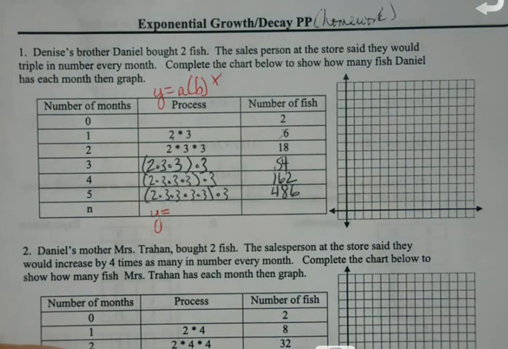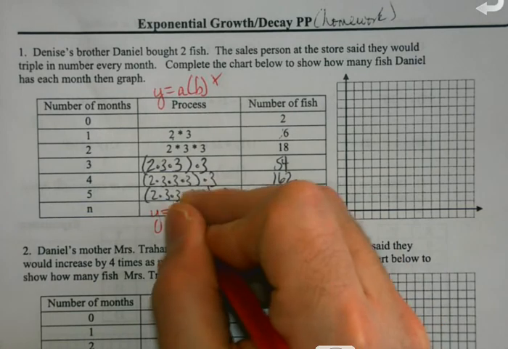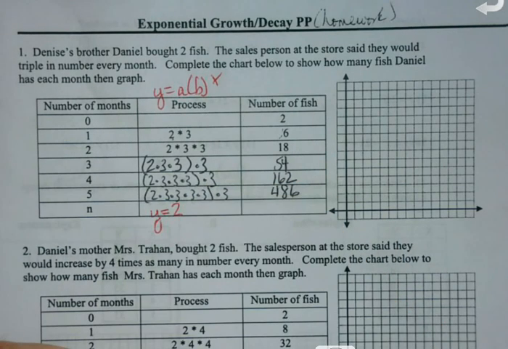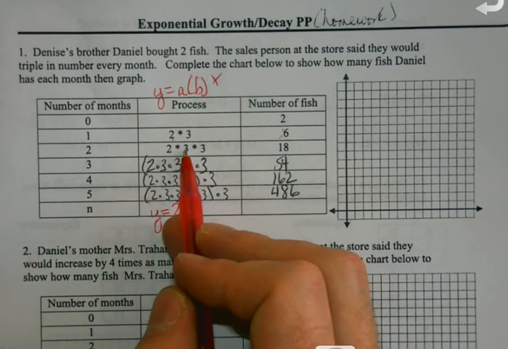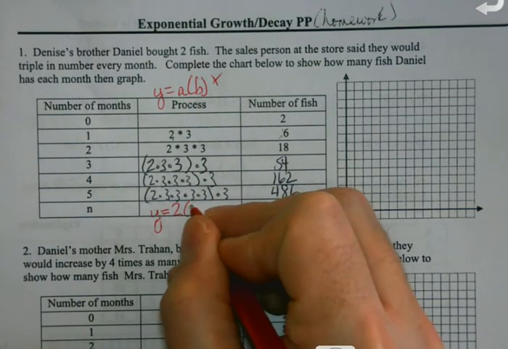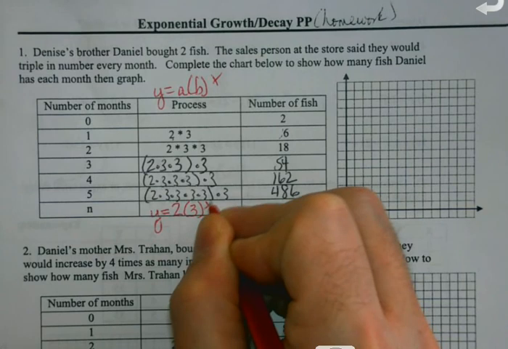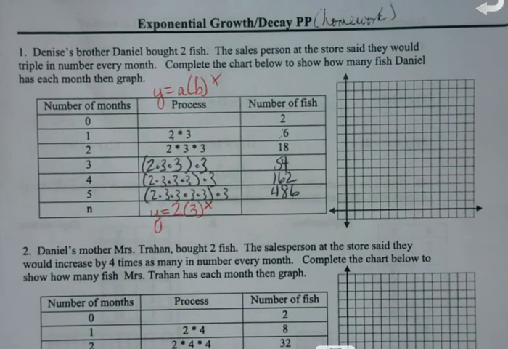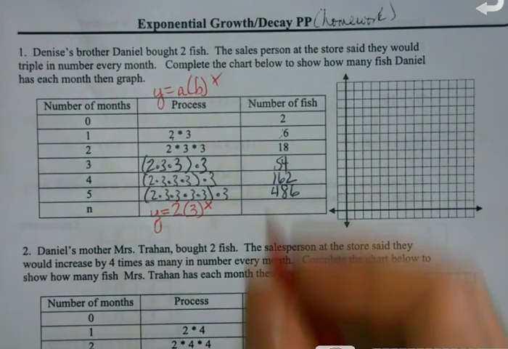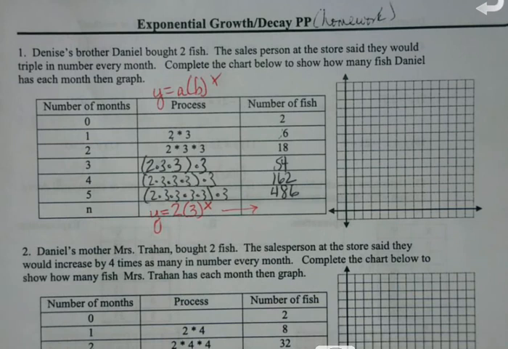Well, what did I start with? I started with 2 fish. So that's my initial amount, or my a. And then my growth factor is the fact that it keeps going by 3 each time. That's how I come up with my expression, and that's the number of fish I would have at the end. But being able to figure out what the equation is helps out immensely.